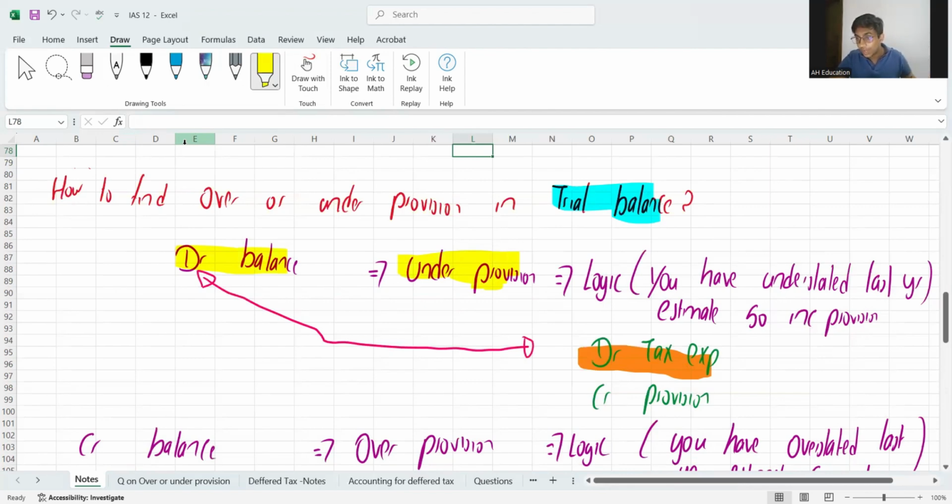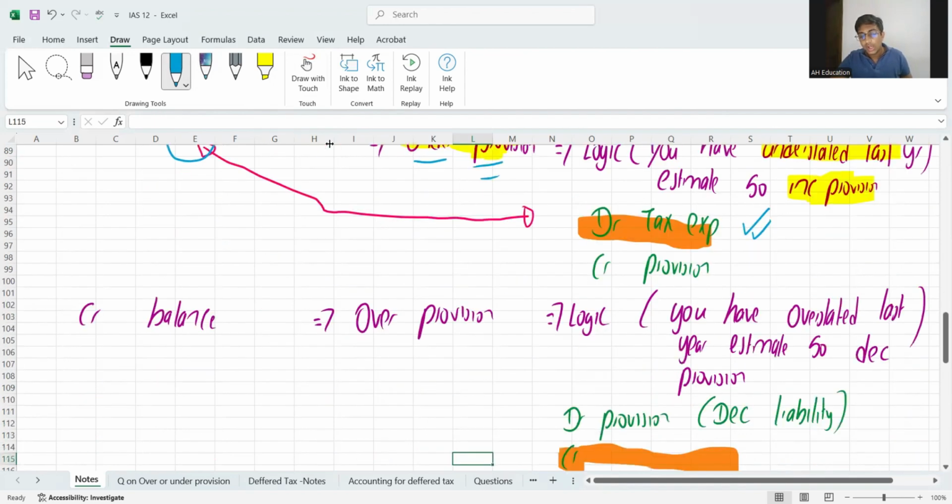So that means you need to increase your current year expense. You have underestimated last year, so increase your current year's expense. Because your current year's expense is going to increase, that is why I am debiting it. That is why I'm calling it an under provision.